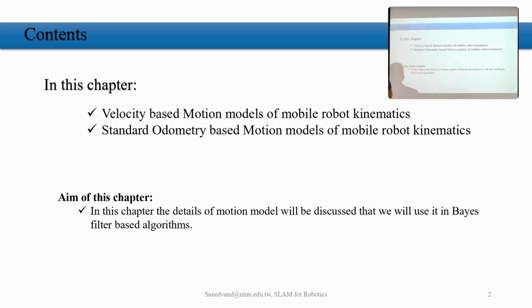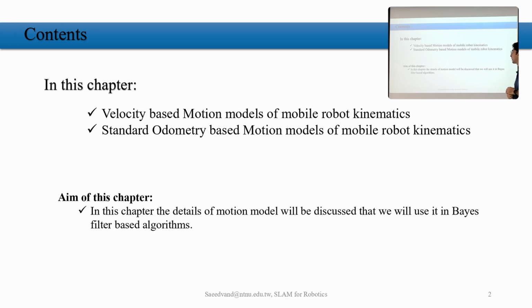Your robot is flying. Or you have a humanoid robot, and for any reason the calculation of the odometry from the walk engine is very inaccurate. Then we can use the velocity-based motion model, and we will see how to formalize and calculate it.